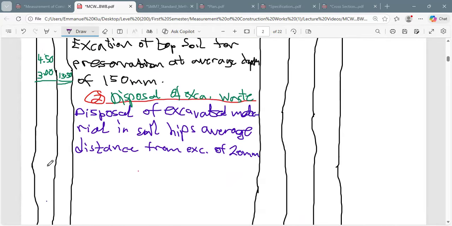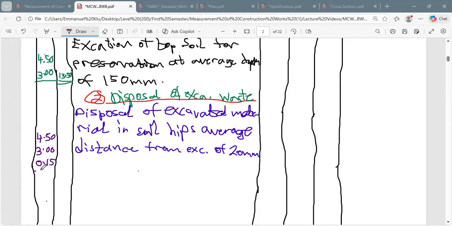It was just 150. If the depth of excavation is 150, then it means that we have to multiply the hot 4.495, let me put that well, 4.50, times 3.00, times 0.15.